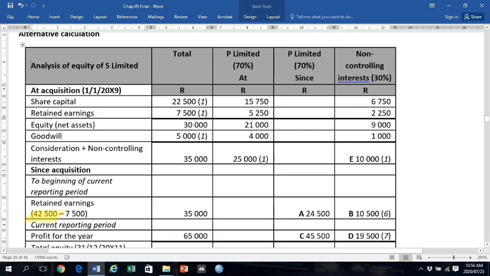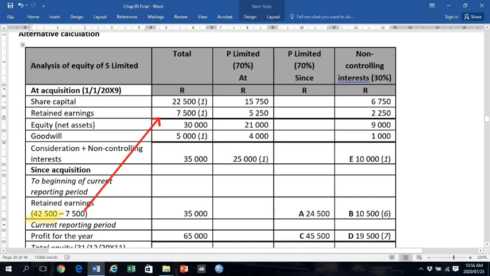The only consolidation journal entry that changed the retained earnings opening balance of S was the at acquisition journal of 7,500 Rand. The other debit to retained earnings opening balance was that of the parent for the unrealized profit in opening inventories.